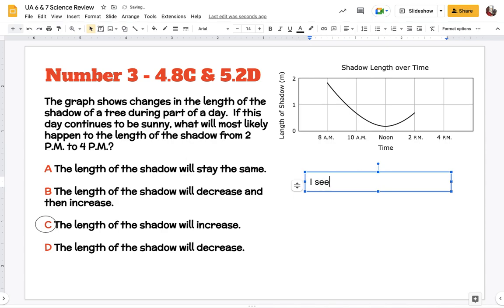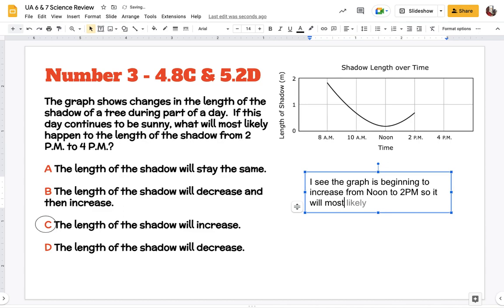So I see the graph is beginning to increase from noon to 2 p.m. So it will most likely continue to increase from 2 p.m. to 4 p.m. Okay?